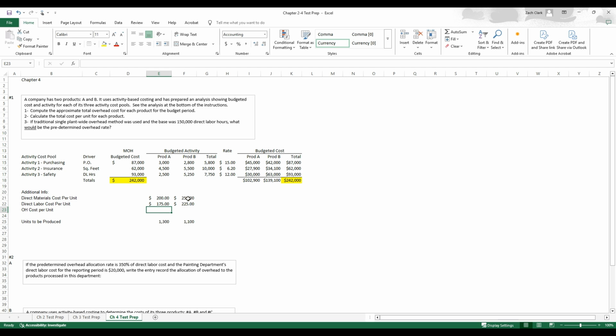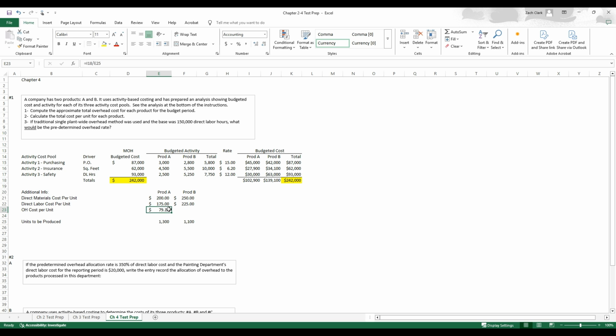So we already know materials and labor above, and this is product A, and over here I'll do this so it matches. So this is the materials and labor, and then we want overhead. So to get the cost per unit, we've got the total cost, but let's divide that by how many units we produce there. So 1,300.